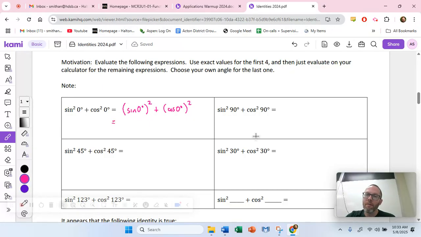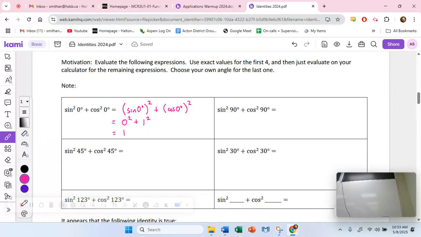Sine of 0, I believe, is 0. And the cosine of 0, I believe, is 1. 0 squared plus 1 squared is equal to 1. So the sine squared of 0 degrees plus the cosine squared of 0 degrees is equal to 1.